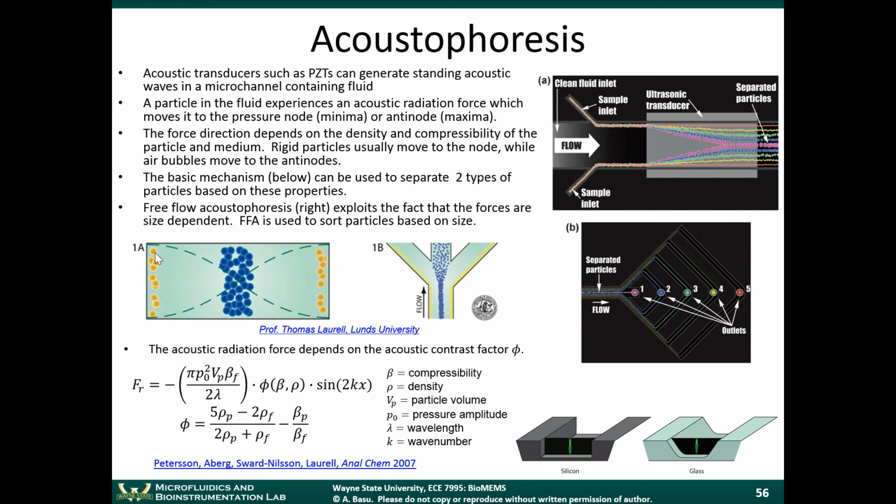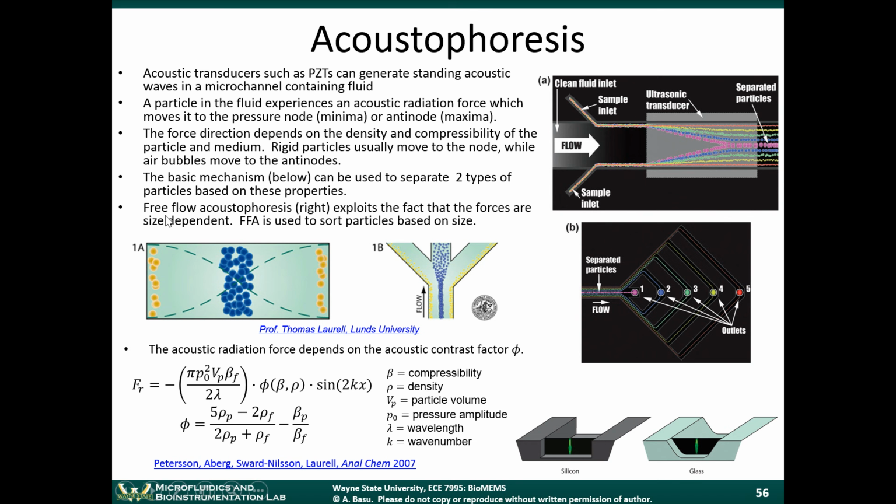Mechanical properties might include things like the compressibility, beta, and the density of the particle. It also includes the particle size, just like the other techniques. So it's interesting that you can get particles to move to nodes or antinodes based on their density, for example, whereas dielectrophoresis is good for sorting based on electrical permittivity.